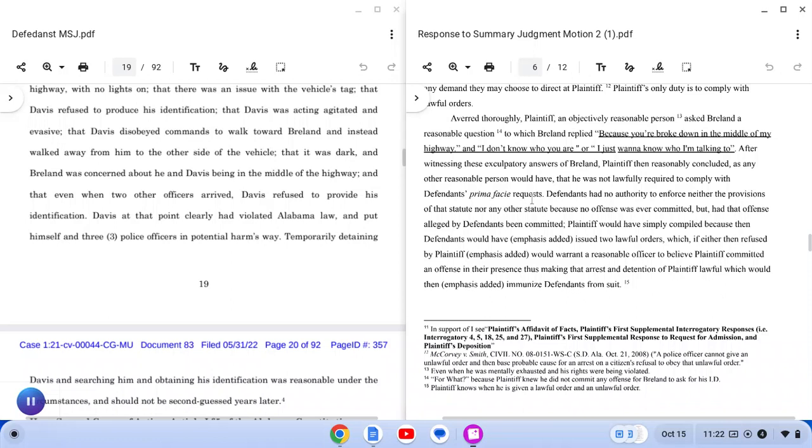It's a request. It's not an order. It's a request. Defendants had no authority to enforce neither the provisions of that statute nor any other statute because no offense was ever committed.